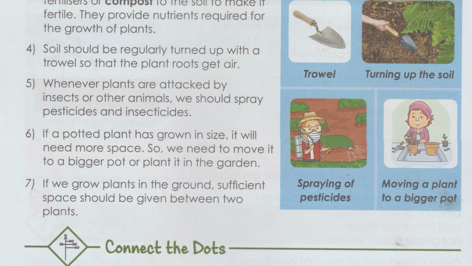Fifth, whenever plants are attacked by insects or other animals, we should spray pesticides and insecticides. Sixth, if a potted plant has grown in size, it needs more space, so we need to move it to a bigger pot or plant it in the garden. Seventh, if you grow plants in the ground, sufficient space should be given between the two plants.